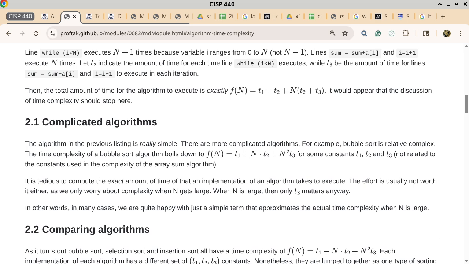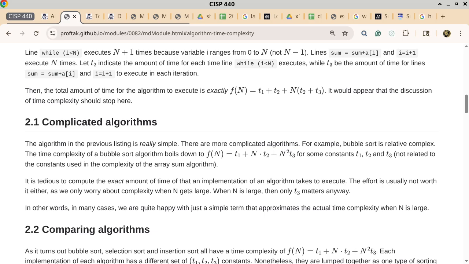So if you look at bubble sort, it has a time complexity of something like this. There's the initialization, things that we only execute exactly once. We'll pull all of those into T1. There are things that we only execute n times. We'll pull all those into T2. And then there are things that we have to do n squared times. We'll pull all of those into T3.